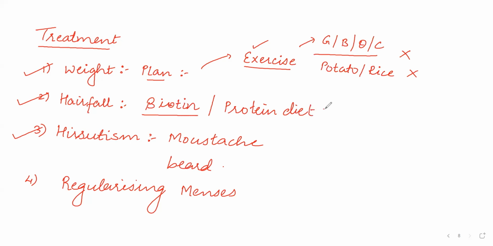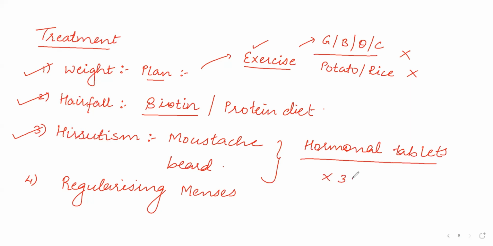Now, for regularizing the menses and for controlling the hirsutism, normally allopathic doctors will prescribe hormonal tablets to the patient. And these hormonal tablets are prescribed for 3 months together.